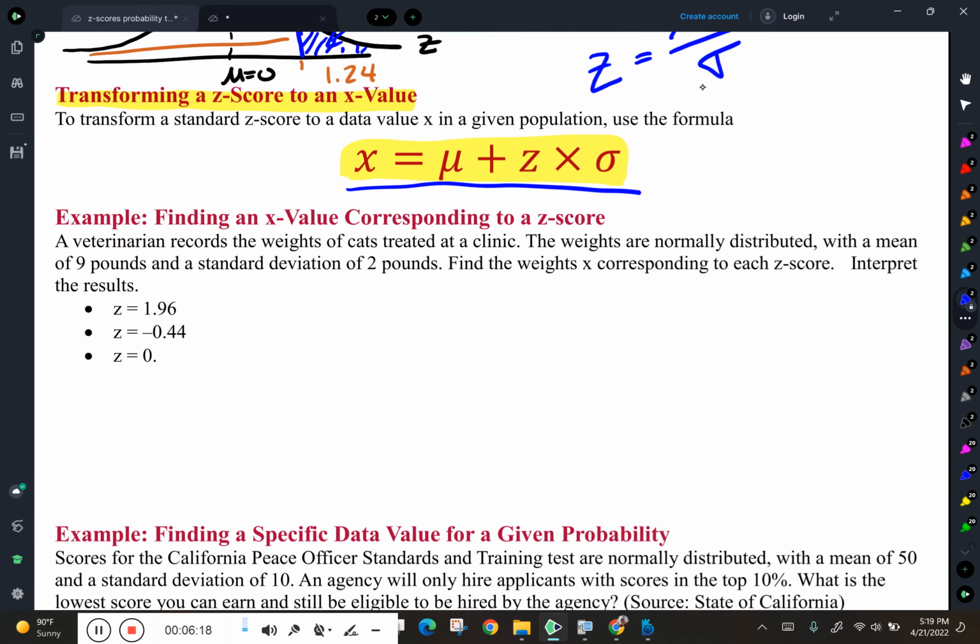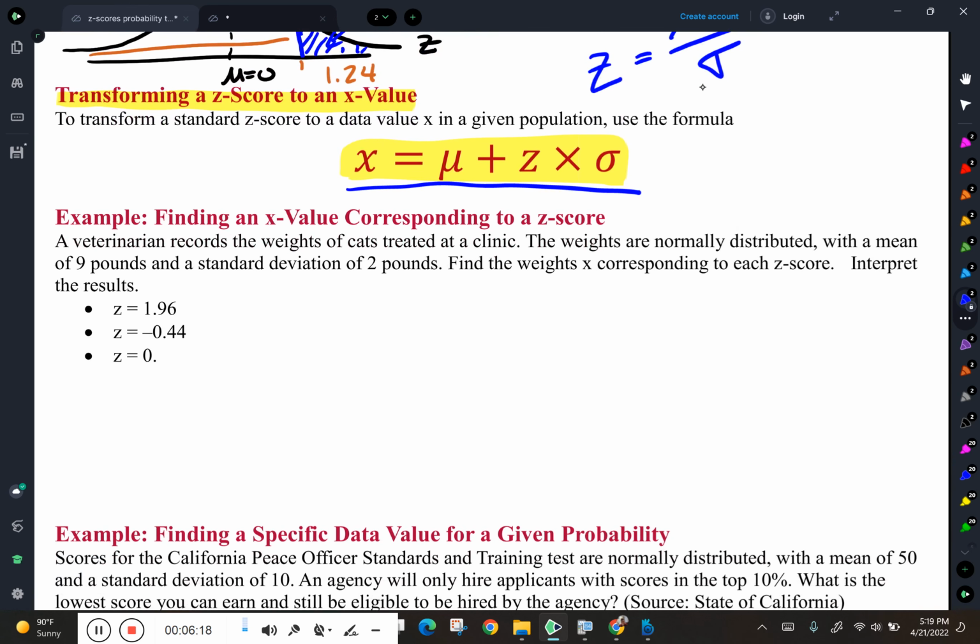Okay, I've got normally distributed, a mean of 50, and a standard deviation of 10. So I'm going to draw that picture. That middle is my mean, 50, and my standard deviation is 10.